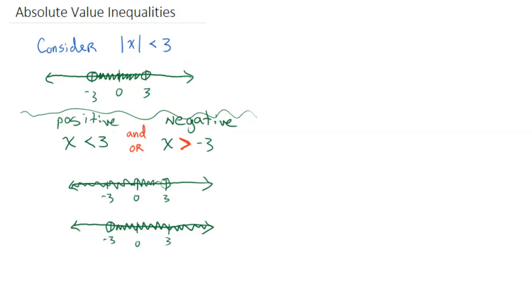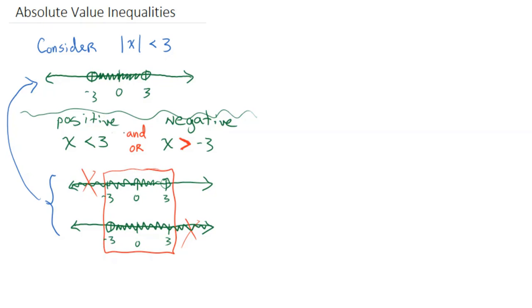Now, when I take these two graphs down here into consideration to make this graph up here, I'm going to be looking at where the graphs overlap or where they intersect. We don't want this piece, we don't want this piece, we just want where we have both of them.